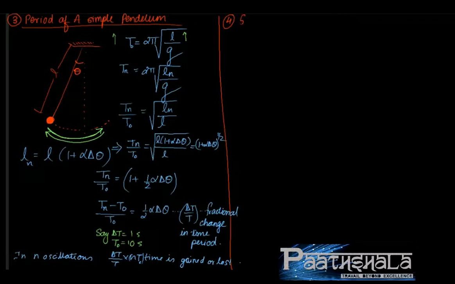Okay, scale reading. So in scale reading, there is basically a linear object, and there is a scale.